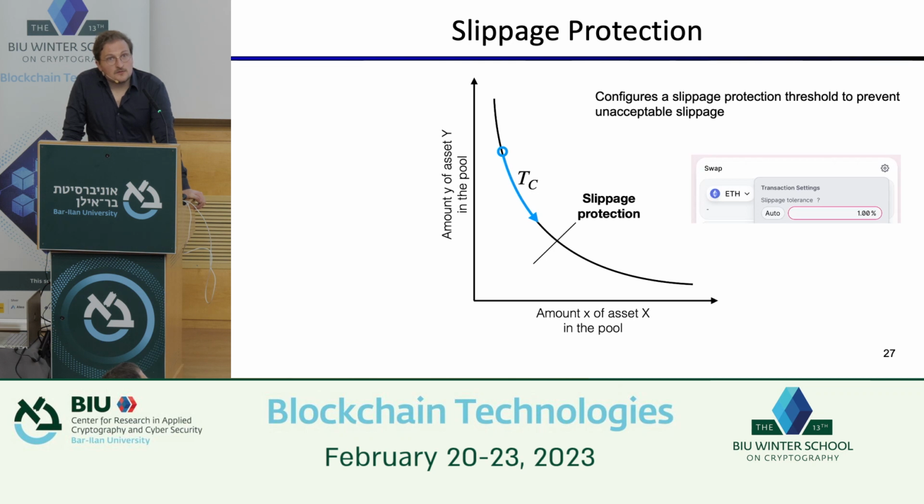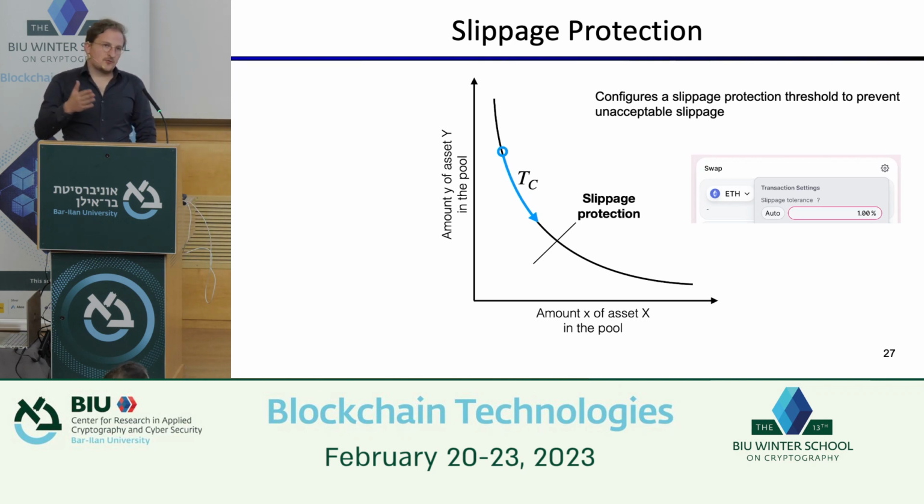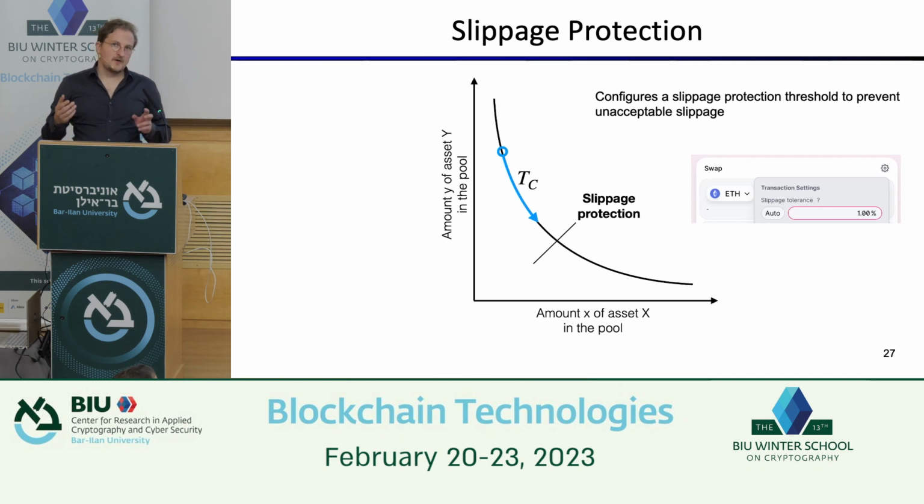So if you set the slippage tolerance too low, even the slippage caused by your own trade might cause failure. So the expected slippage is the price that you're expecting to get given the current state, right? And to my understanding, though I guess it also depends a bit on the implementation, the slippage protection would say I'm happy to deviate from that price by this percentage.